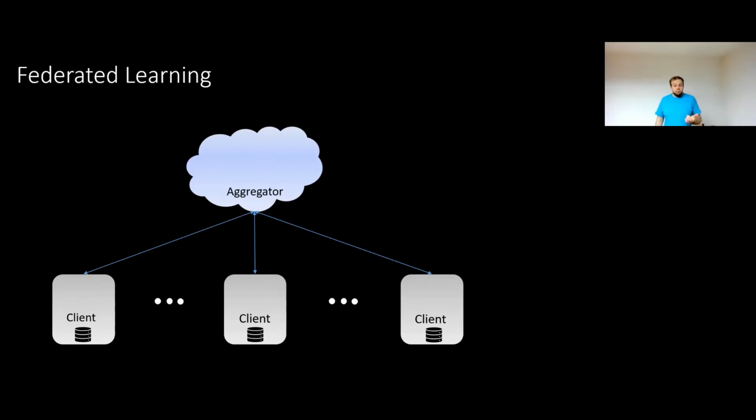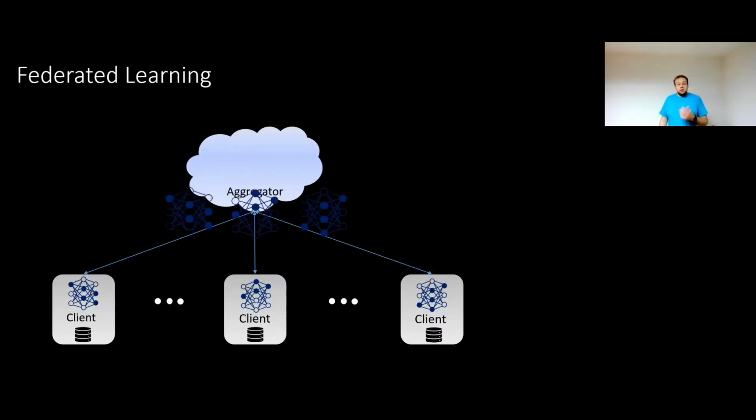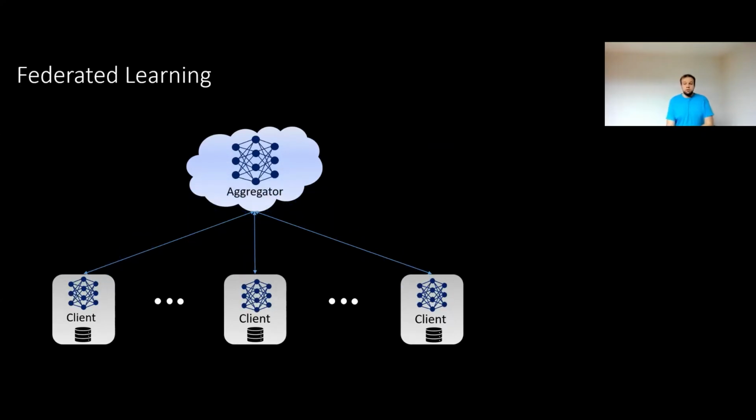So to overcome this limitation, each client trains its own model locally, and after the training is complete, it sends only the trained parameters to the aggregation server. Here, the models of the individual clients are aggregated, for example, by averaging them, and then the resulting model is sent back to the clients, and the clients can continue their training for further rounds.